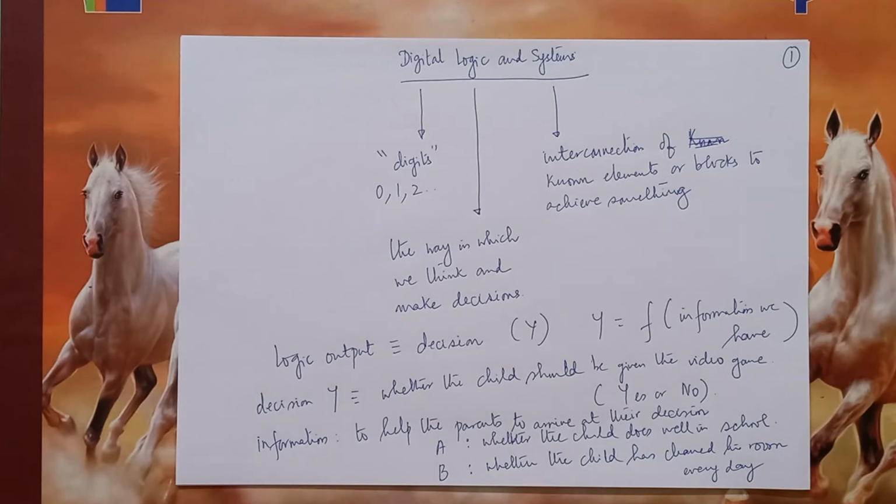So now the parents say that we will give the child the video game that he wants if and only if both of these tasks are done. That is, if the child has done well in school, as well as the child should be cleaning his room every day.